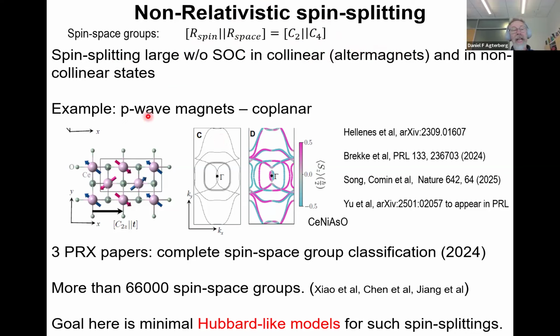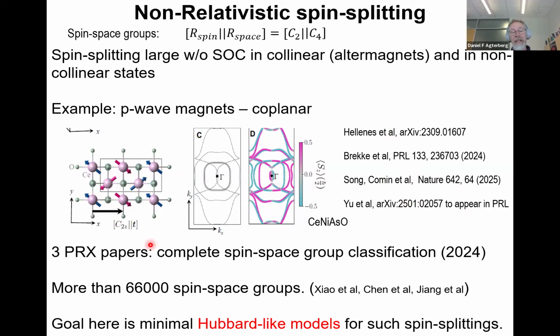One common example of that is P-wave magnets, where you get this non-collinear structure where you see the spins on the cerium sites in this particular example are 90 degrees rotated from each other. This gives rise to a spin structure in momentum space that is odd under k goes to minus k. There have been a few papers already discussing that. This morning, you heard a talk about the experimental observation of this. And some of the work we're talking about will discuss this as well.